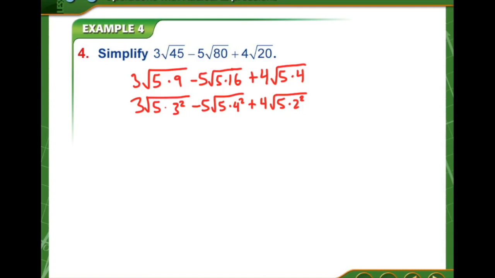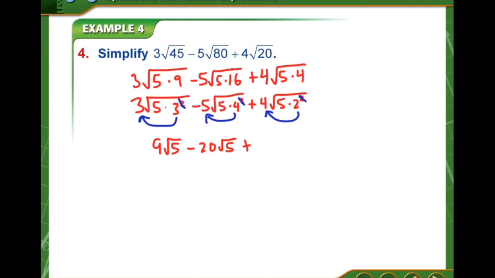So that means that we can take each one of these, get rid of our squares, and move them out and multiply them by the number out front. So 3 times 3 is 9, square root 5. 4 times 5 is 20, square root 5.